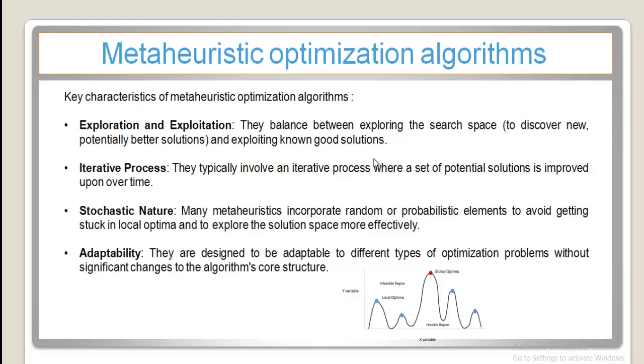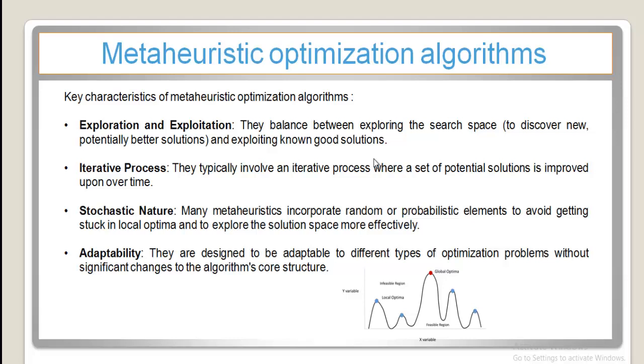First, the strategy of exploration and exploitation. These algorithms masterfully balance the act of searching the search space for new, potentially better solutions through exploration with the ability to extract the best possible one from those discoveries through exploitation.